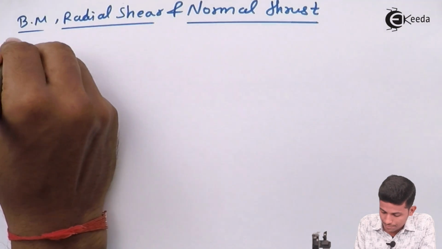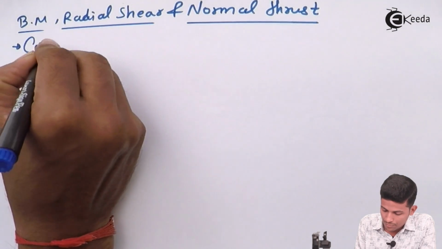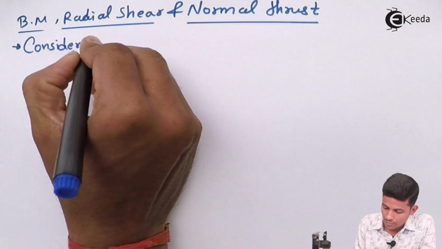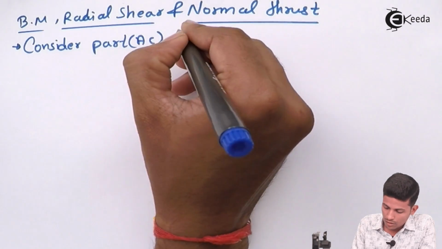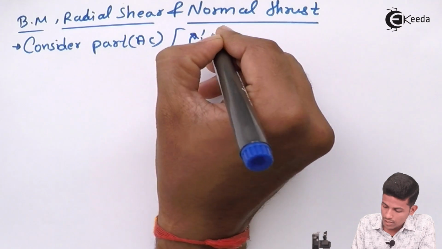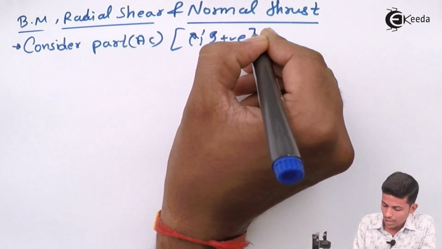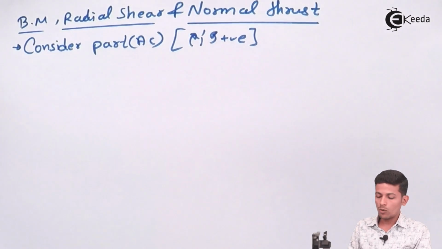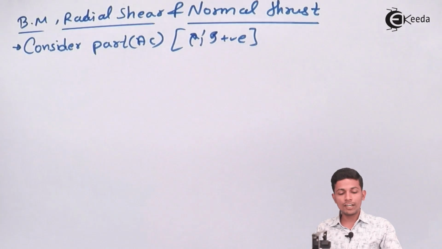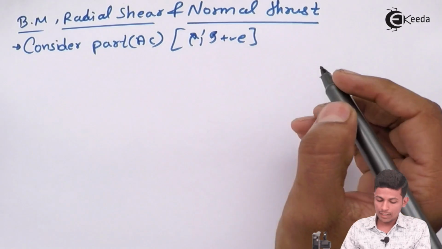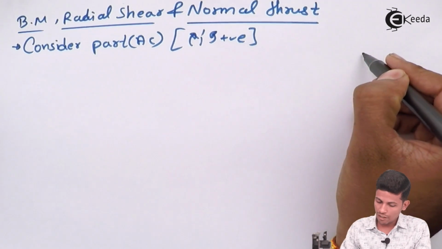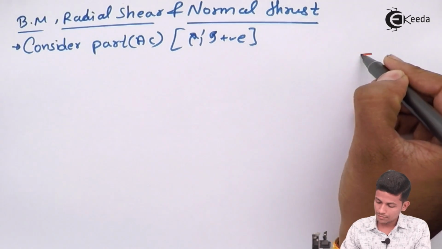First consider the sign convention, sagging positive or hogging negative, or vice versa. Okay, now first we are taking the AC part. So draw the FBD of that AC part. So this is the FBD of AC part like this.